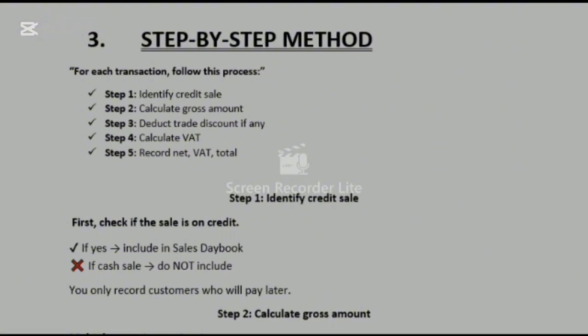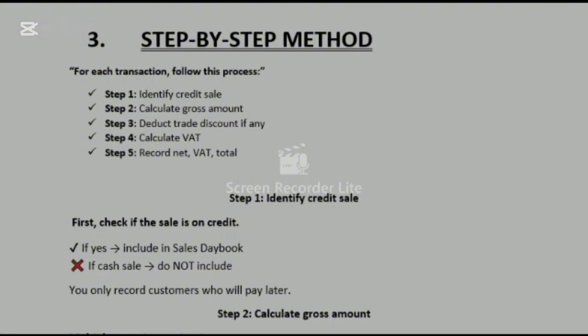Secondly, you calculate the gross amount, taking unit price times quantity. If, for example, there are 50 phones and the price per phone is 100,000, the gross amount is 500,000. And thirdly, you deduct trade discount if any.